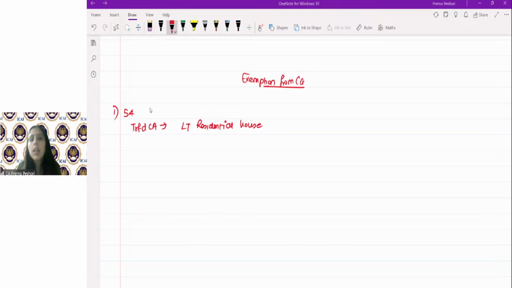Correct? And in that particular case, what is the eligible asset which you can purchase? You have two options.